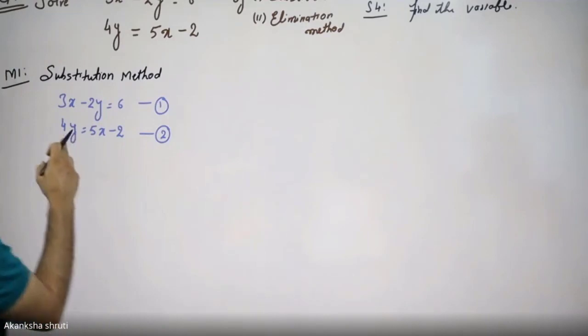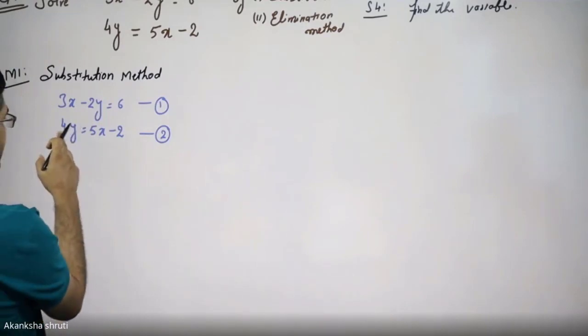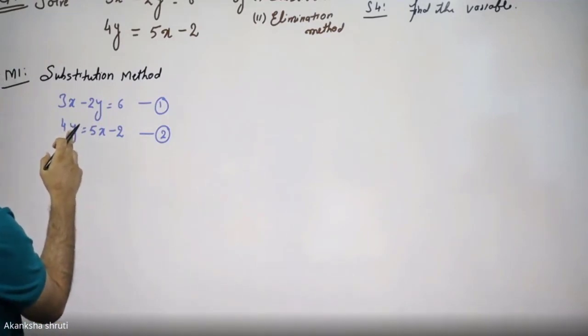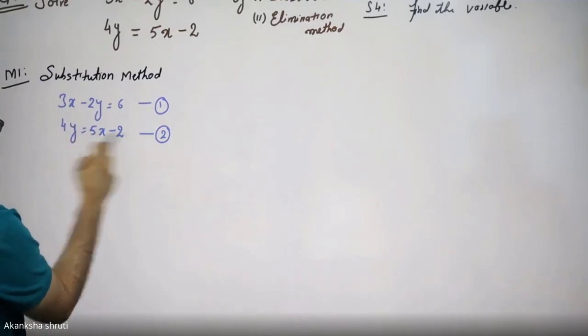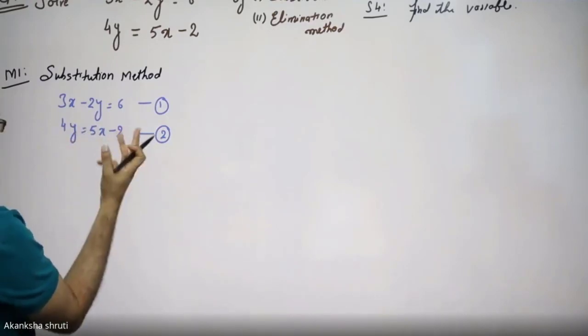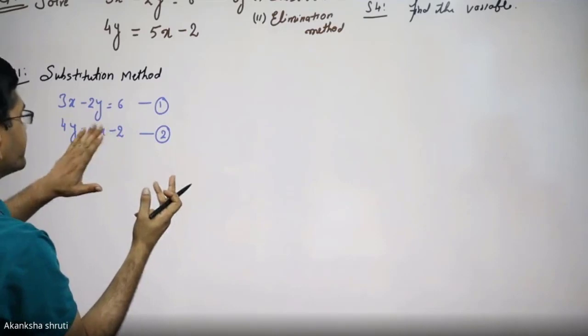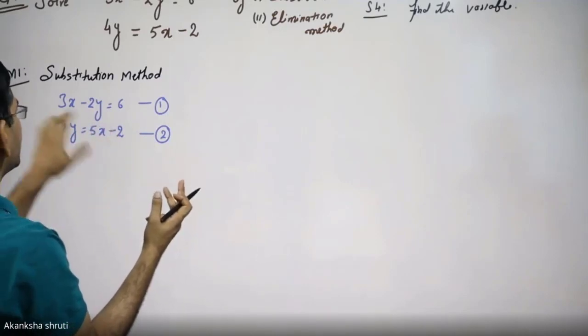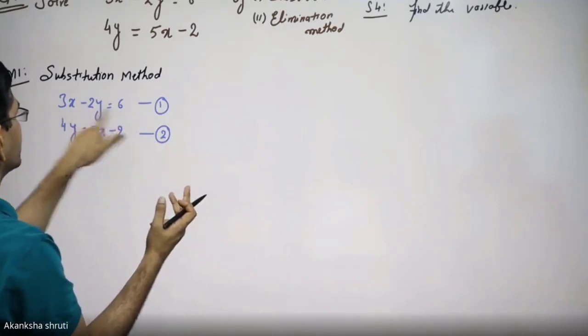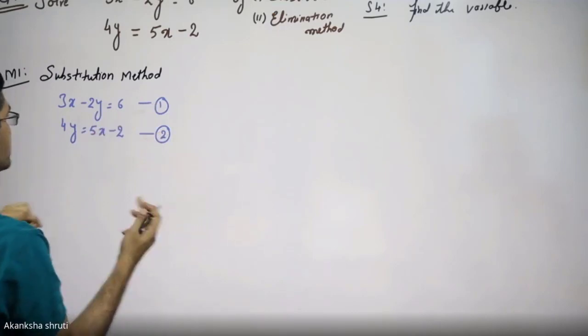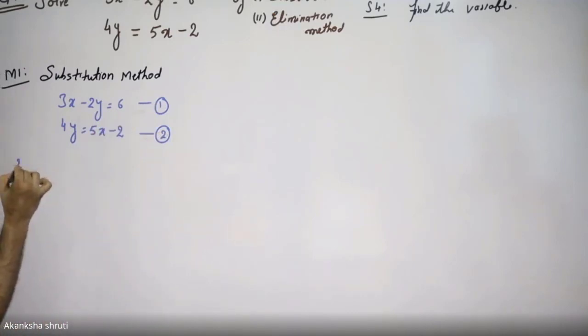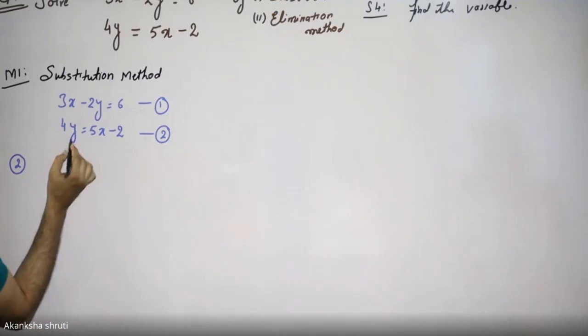Here from the second equation we are getting that directly y can be calculated by dividing the right hand side by 4. So that will be preferable for us rather than working with the equation 1. So directly here I may take the equation 2. Why am I taking the 2?